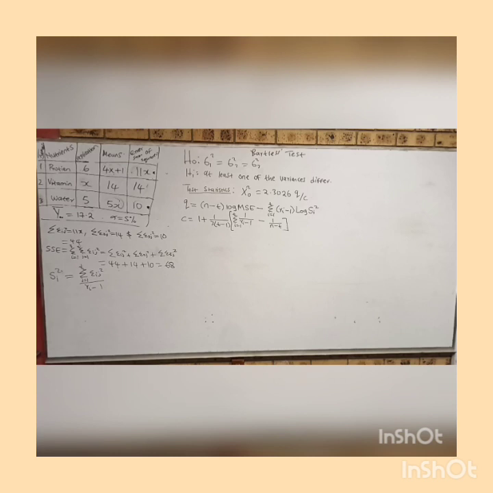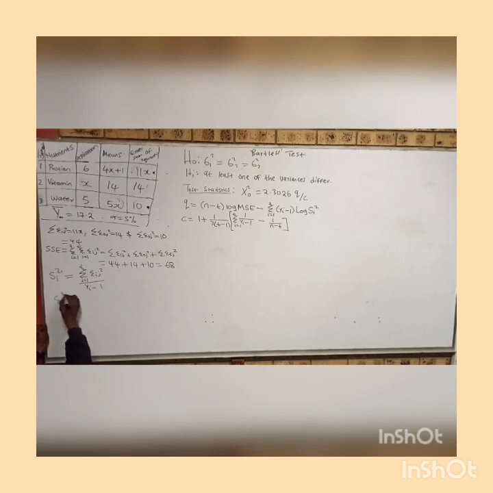Since we know the sum of squares of errors per treatment, with this formula we can find the first variance, the second variance, and the third variance.